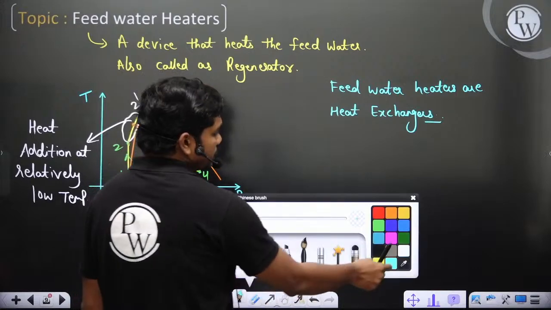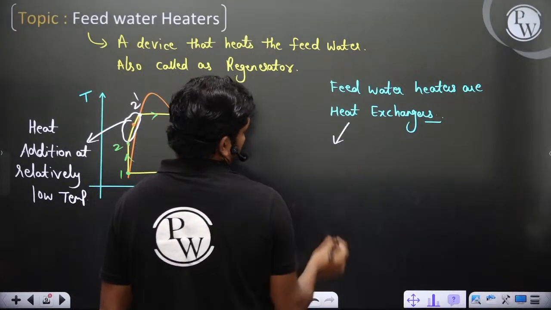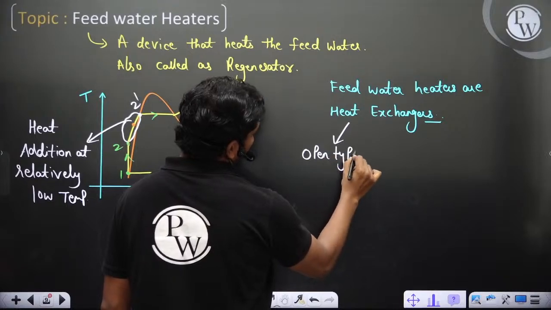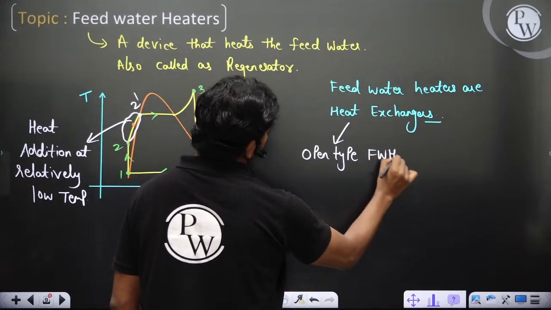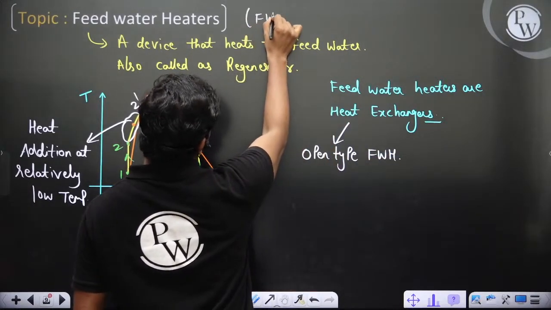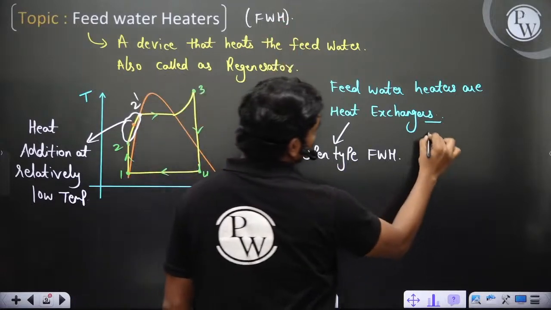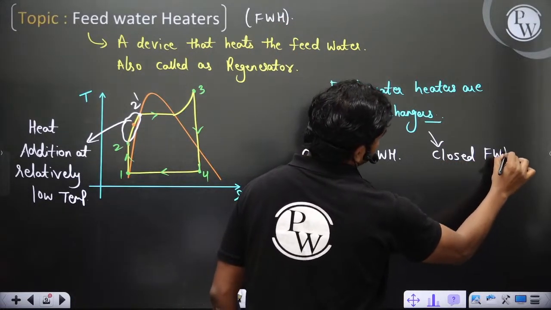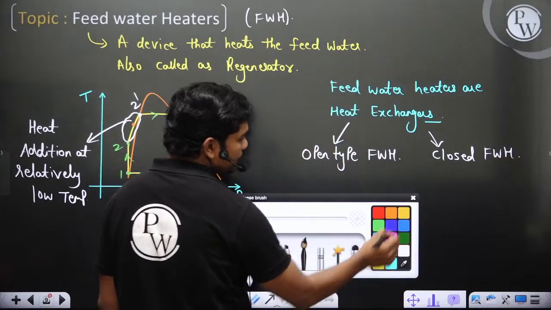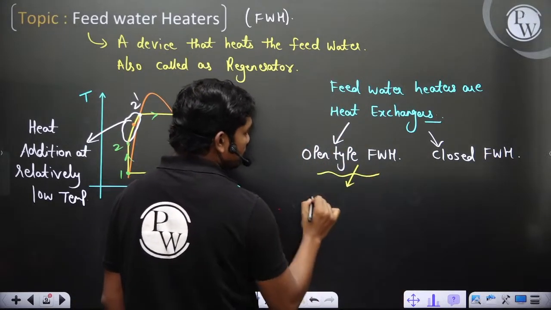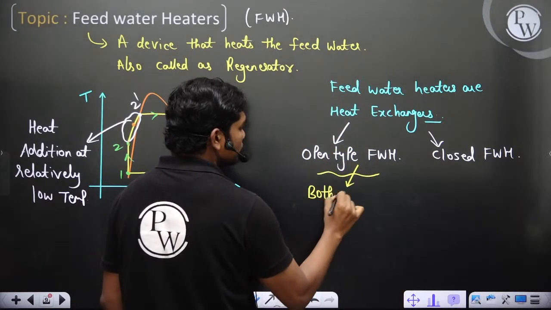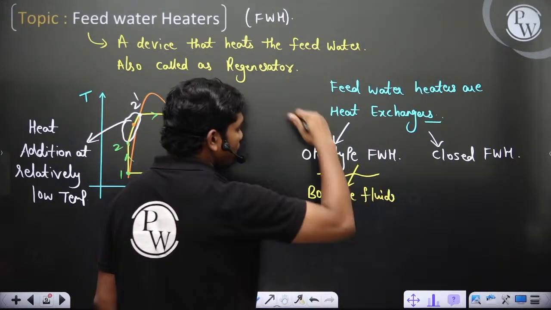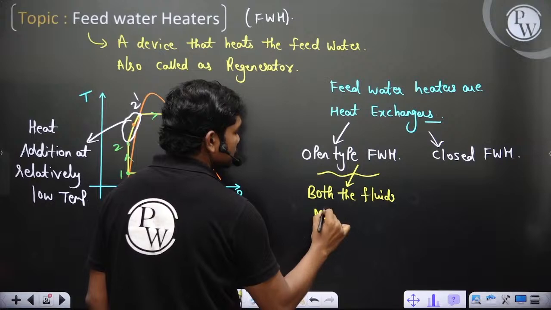Now there are two types: open type feed water heaters, normally called FWH, feed water heater, and closed feed water heater. The main difference in the principle of operation is that in an open heat exchanger, both fluids, the steam and the cold water, mix with each other.